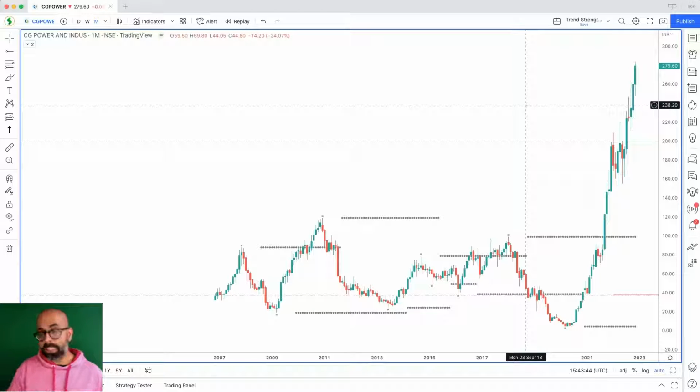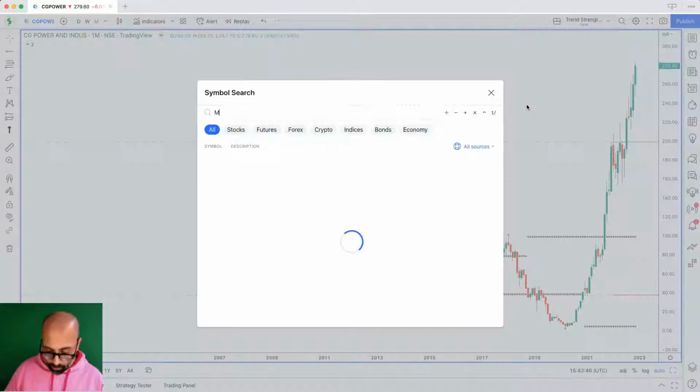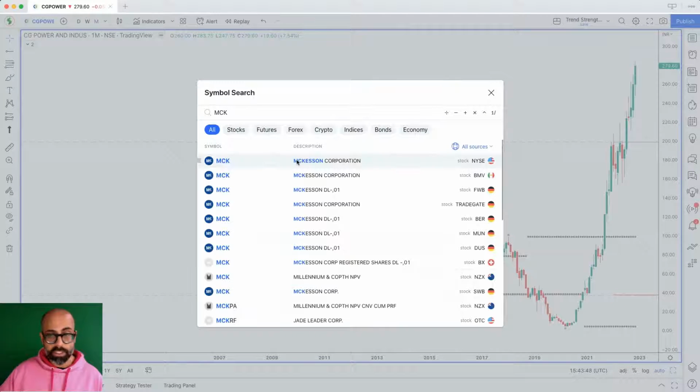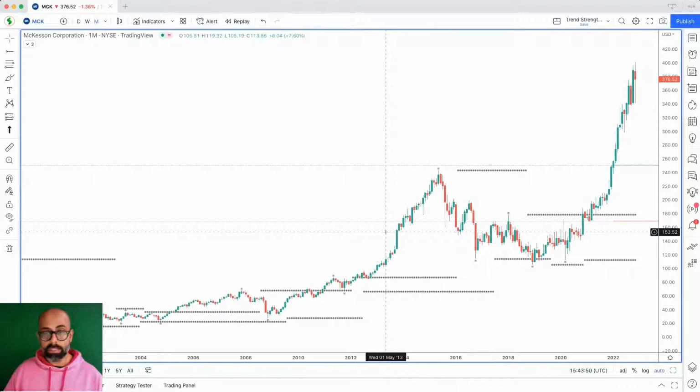And maybe you're not interested in Indian stocks, that's fine. Then you could have a stock like McKesson, which is in my portfolio. That's up 60%, which is in healthcare. So Bitcoin has just been dropping. The stock market generally, we've seen some declines this year, but there are some gems out there that are starting to perform very, very well.